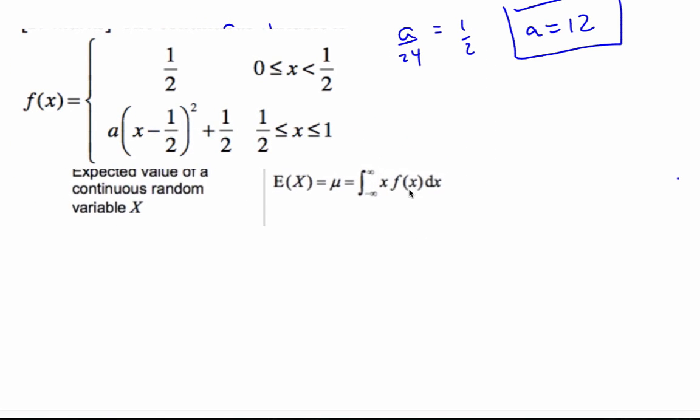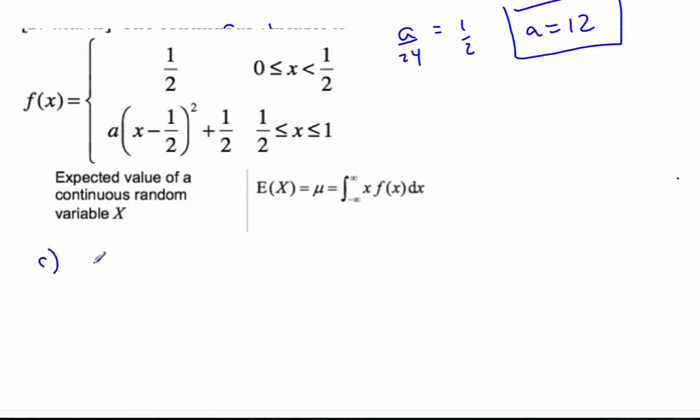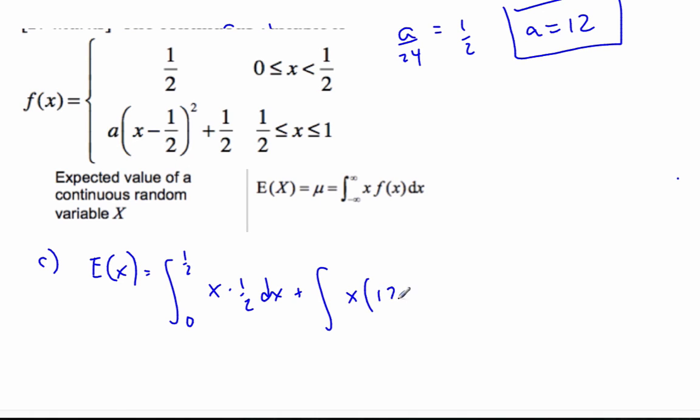So from these two formulas, setting it up for C part, if I want to find the expected value, I know it's going to go from 0 to a half of x times 1 half dx, plus, well, I know a is 12, using our formula, x times 12 (x minus a half) squared plus 1 half, and this goes from a half to 1 dx. This is the computation I have to do.